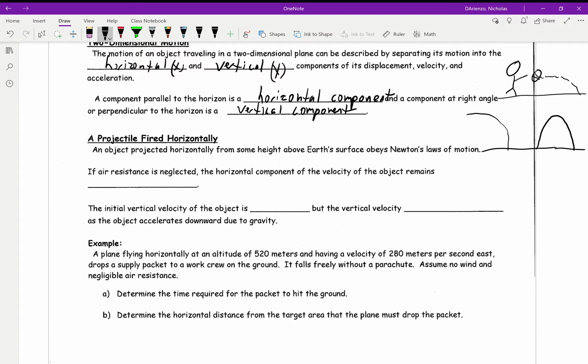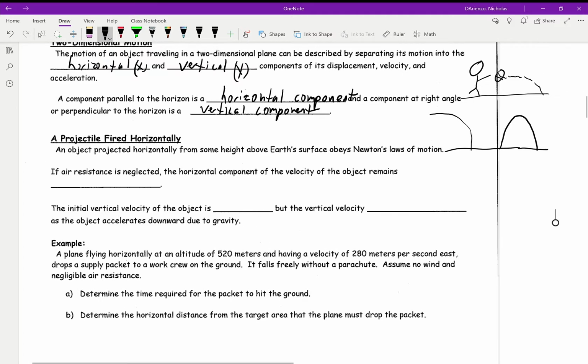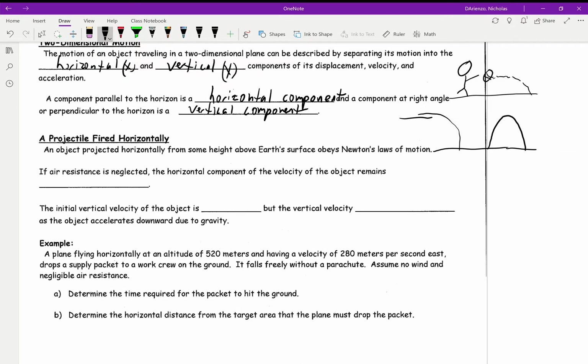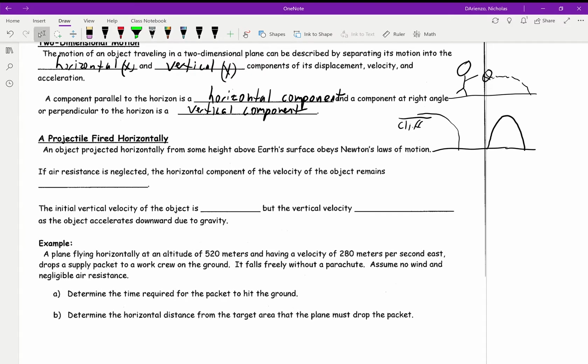So an object that's projected horizontally from some height, let's say this was a cliff here. If an object is fired horizontally from a cliff or some height above Earth's surface, it's going to obey Newton's laws of motion, which we'll get into specifically in our next unit. But if we neglect air resistance, which we like to do in this course, the horizontal component of the velocity, the motion in the x direction, is going to remain constant.